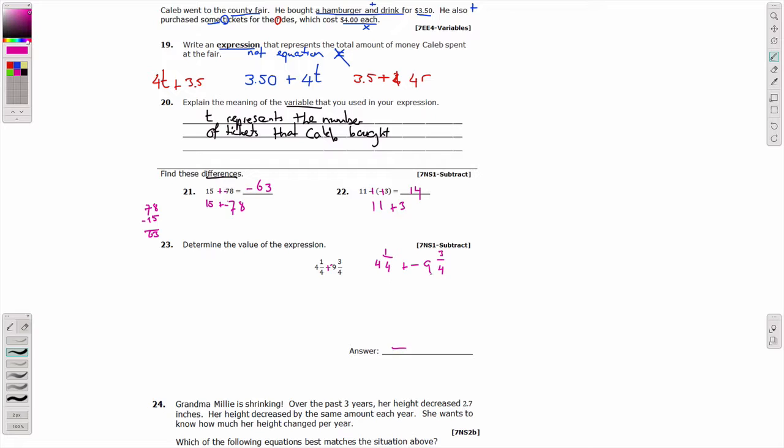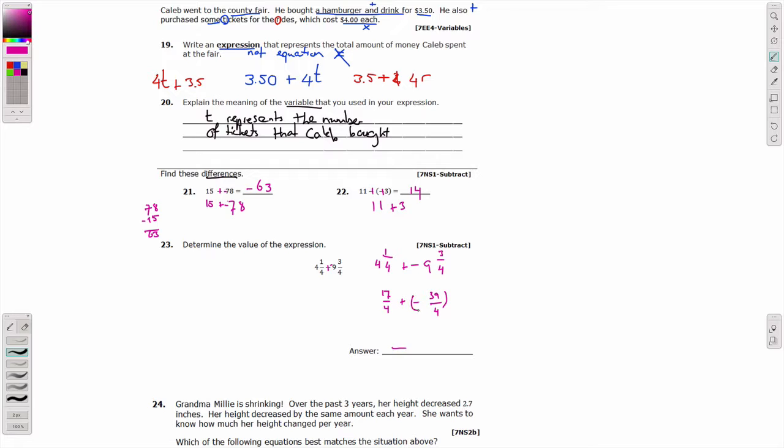Now, I have to change the mixed numbers to improper fractions so that I can add them. 4 times 4 is 16 plus 1 is 17 over 4 plus negative 36 plus 3 is 39 over 4.